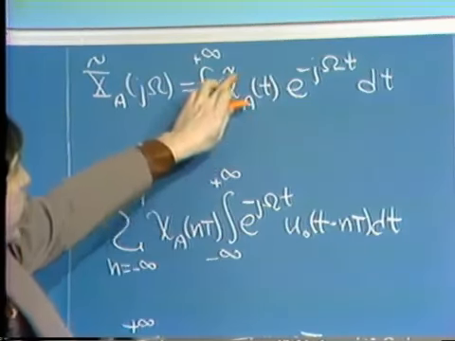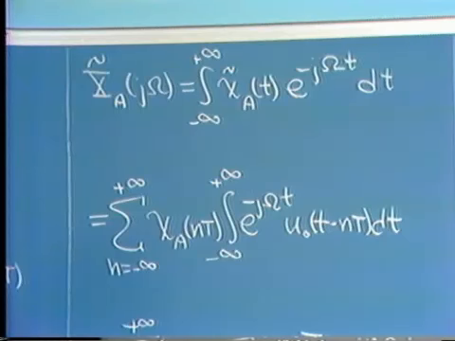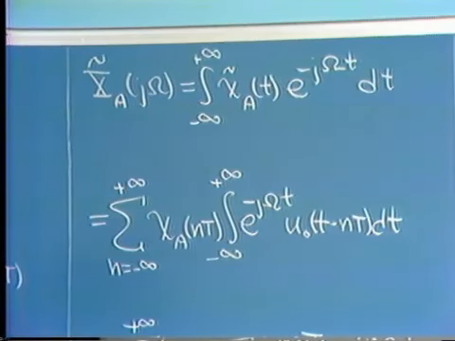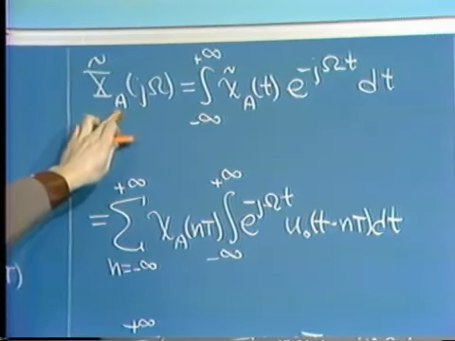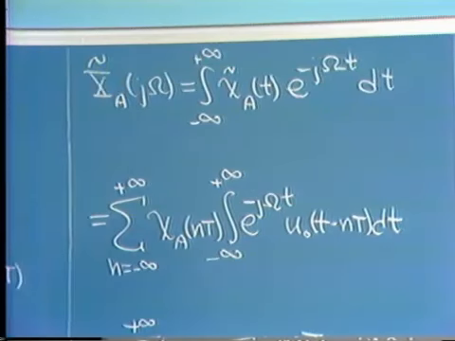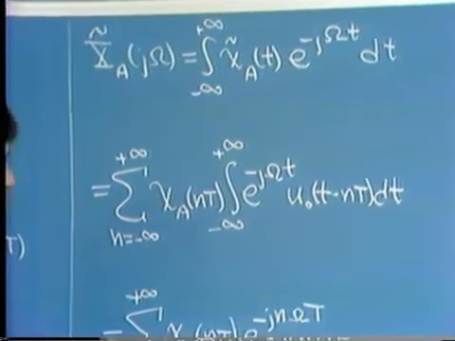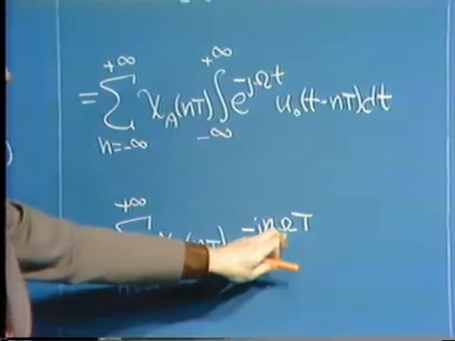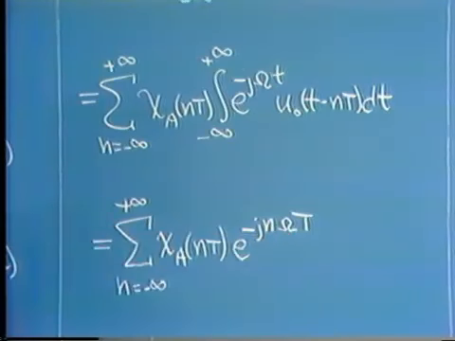Substitute in for x sub a tilde of t the relationship in terms of an impulse train and interchange summation and integration, and I think you can verify in a very straightforward way that what you end up with is an expression for the Fourier transform at the output of the sampler as given by the sampling values times e to the minus j n capital omega T. Capital omega is a continuous frequency variable.